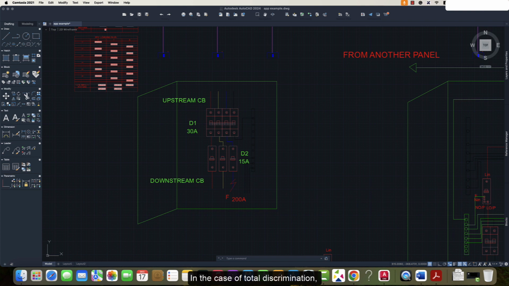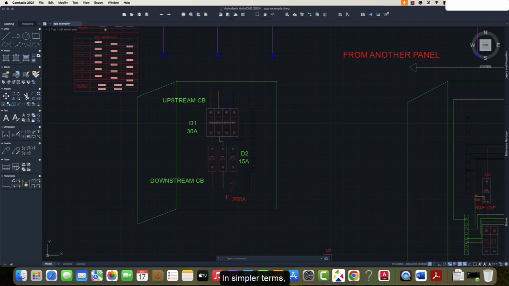In the case of total discrimination, for all fault current values ranging from overloads, excessive current within the normal operating range, to the non-resistive short circuit current, the maximum current during a short circuit, circuit breaker D2 opens and circuit breaker D1 remains closed.